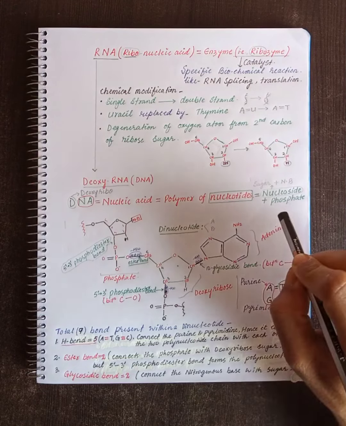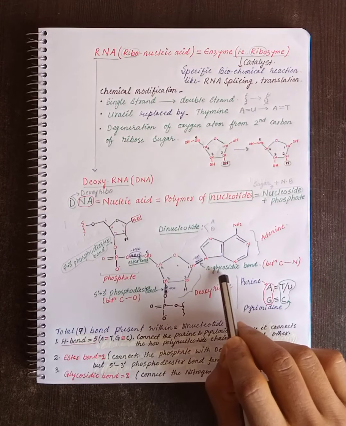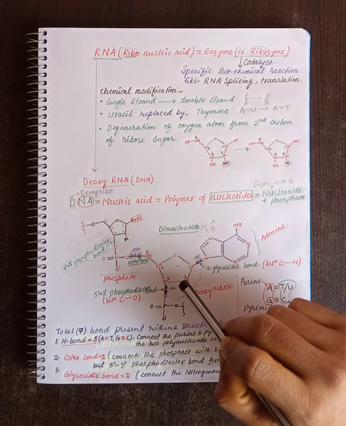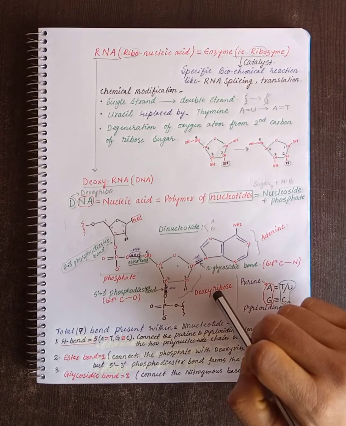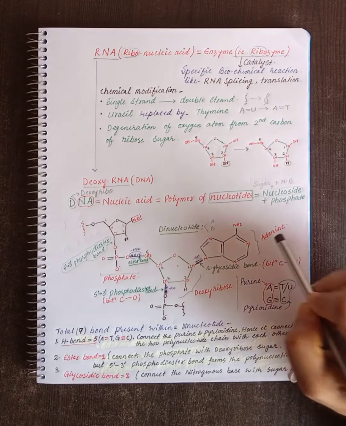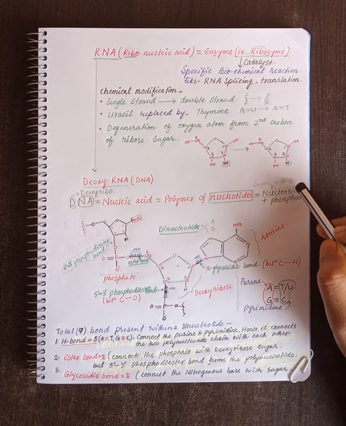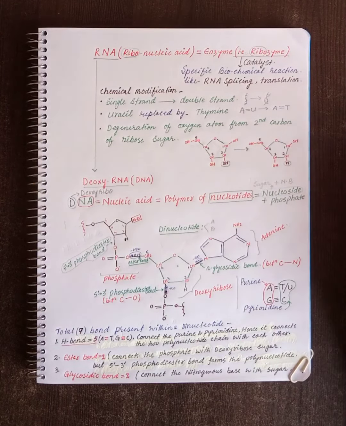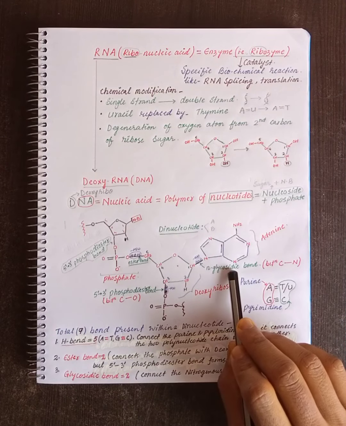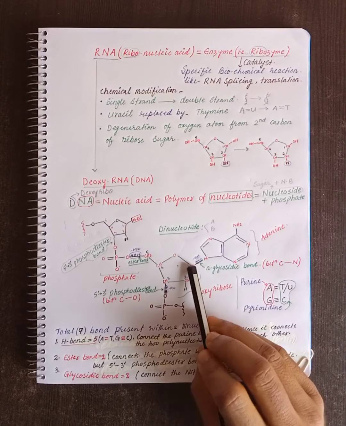And this glycosidic bond connects the deoxyribose sugar with adenine and forms the structure called nucleoside. And this glycosidic bond is formed between carbon and nitrogen.